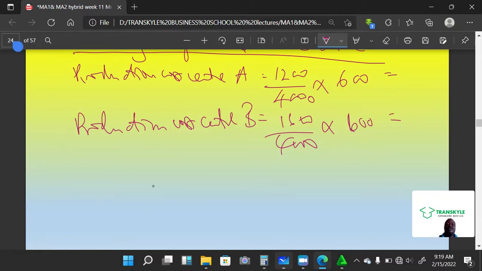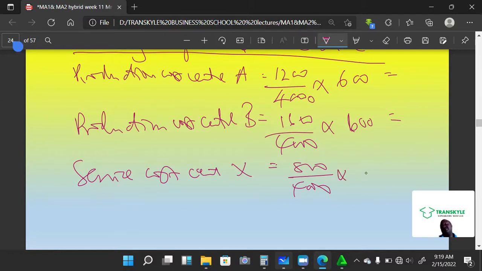You get the amount. Then sales cost center X, that's 800 over 4,000 multiplied by 600.